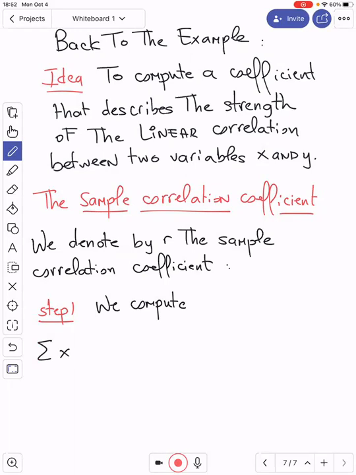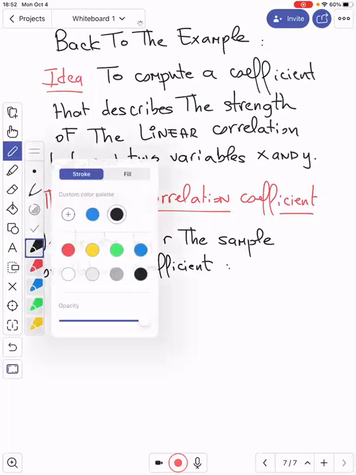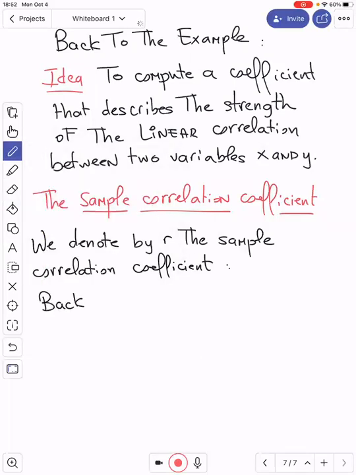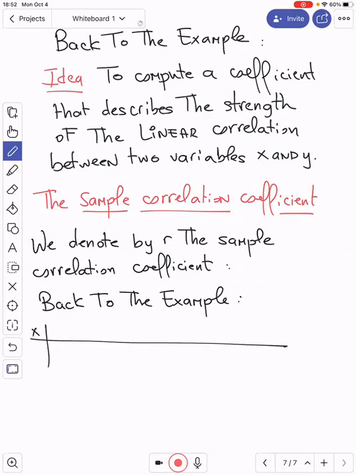So like in our example, I can probably write down the example again right here. So as I said, I'm going to get back to the example. Again, you have x, y, x again, that's the magnitude of the earthquake, and y, its depth, right? So we have all these values.